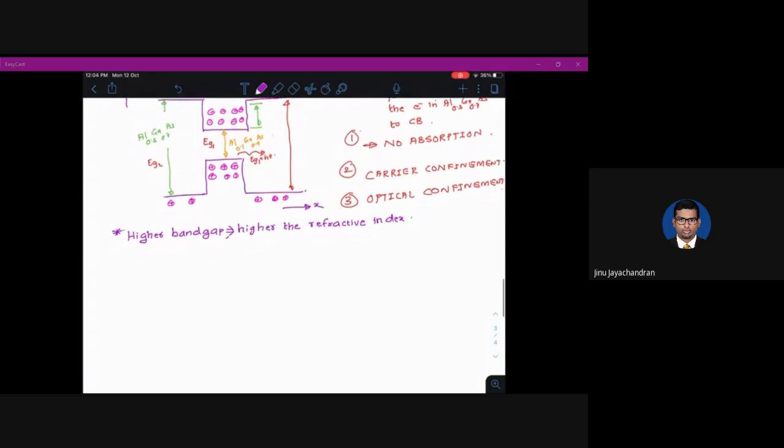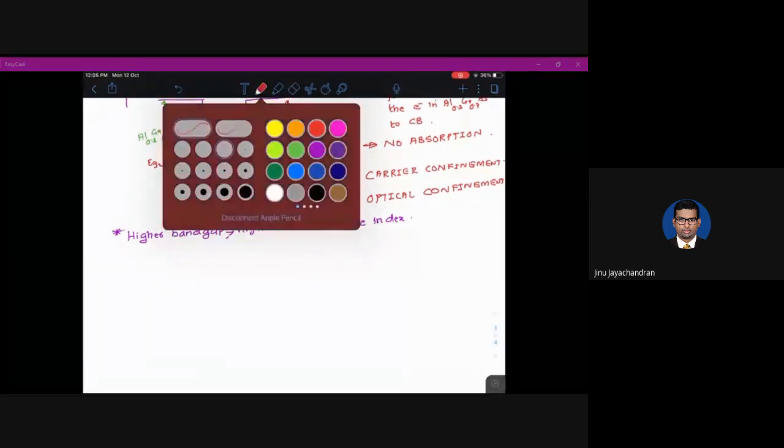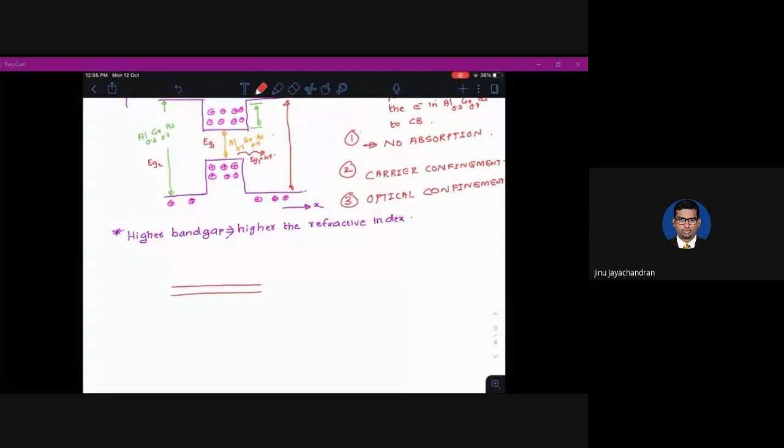Okay. So in this case, if you look at the structure, you have this active region here, whose band gap is very less, which is Eg1, and then you have an outside region whose band gap is Eg2, which means it has a higher band gap. That means the refractive index here is N1, and there is a refractive index N2 outside, and you know that N2 is greater than N1 because N2 has a higher band gap and N1 has a lower band gap.